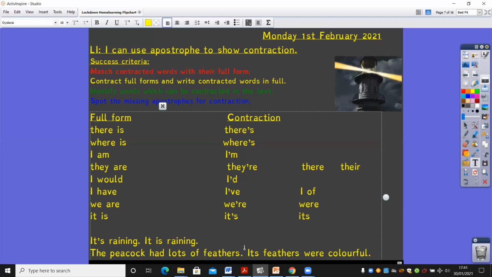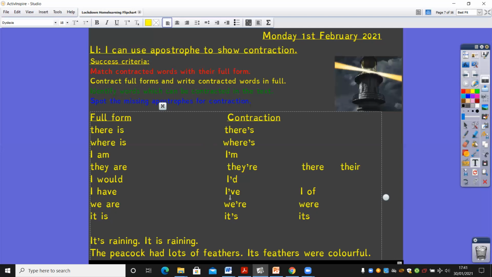So we definitely know that this its does not need an apostrophe because it is not a contraction. In fact, it means that something belongs, the feathers belong to something. In this instance, they belong to the peacock. So it shows us possession, children. It shows that something is being owned or possessed by something else.